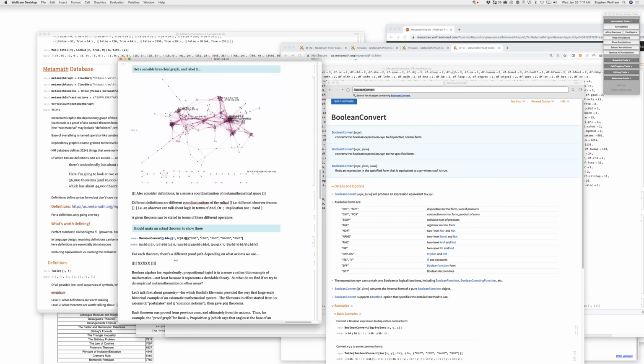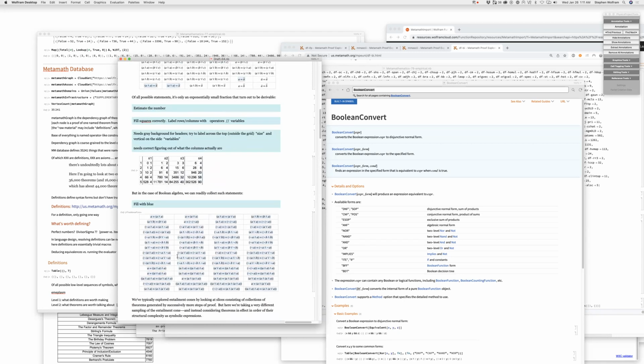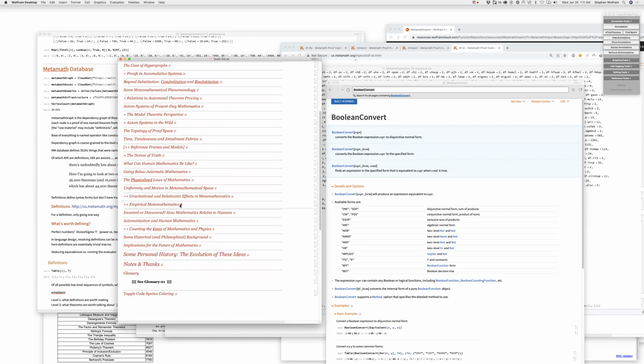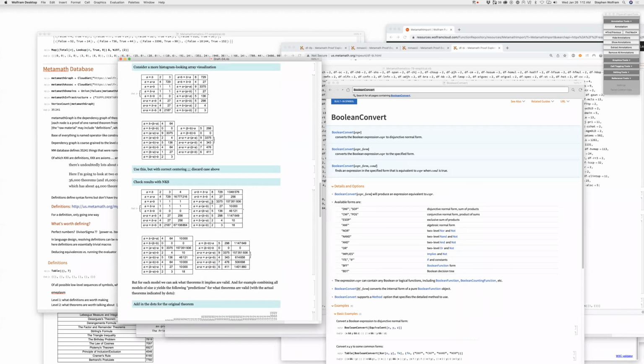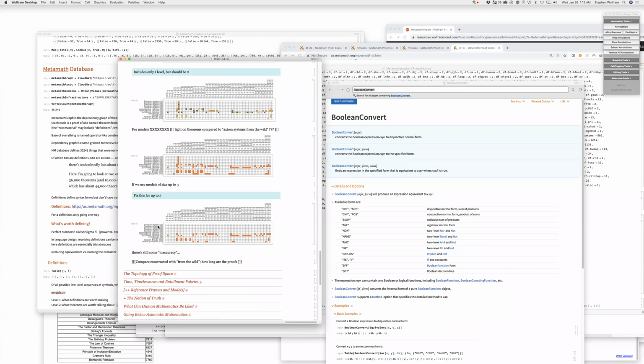This is a coordinatization. We also had, remember where we talked about axiom systems in the wild? Down here, you see we've got these multiple Boolean algebra axioms.